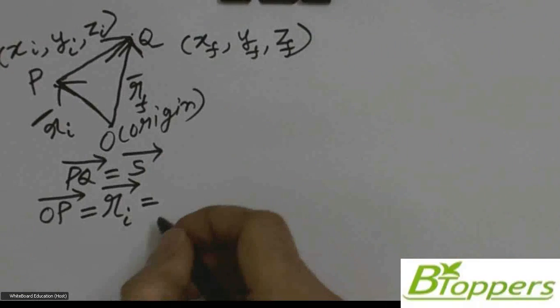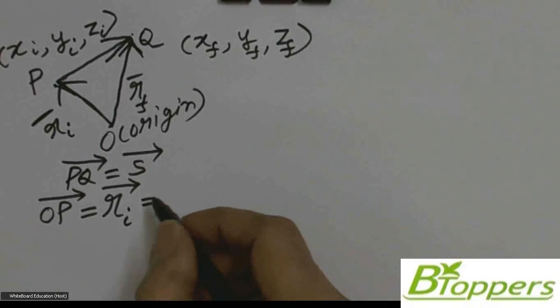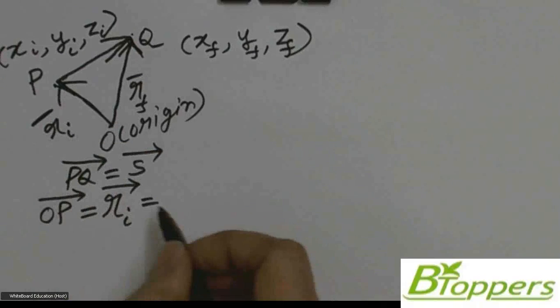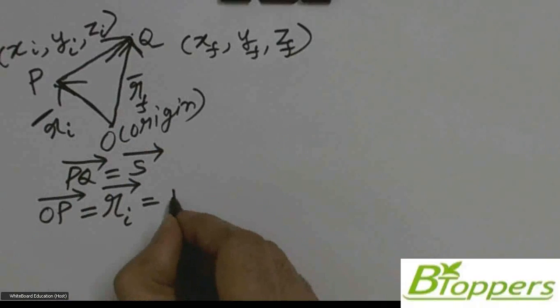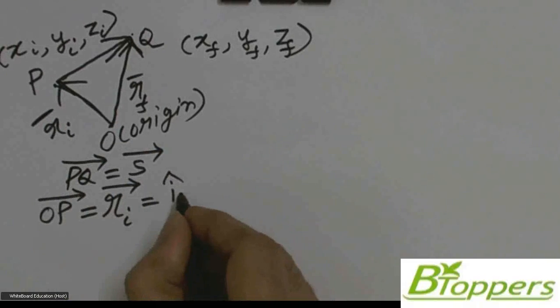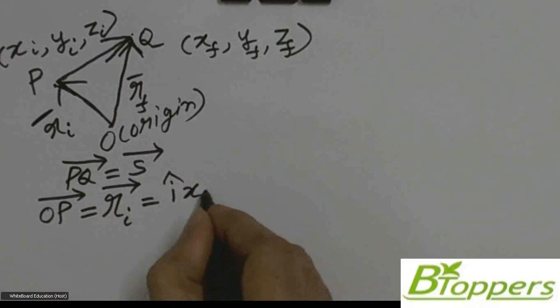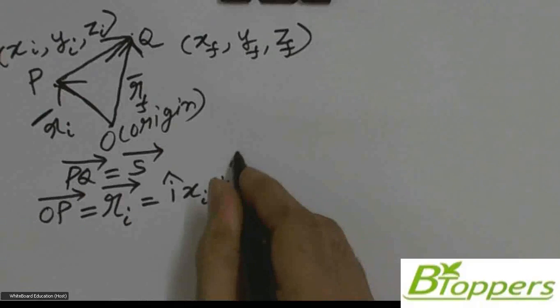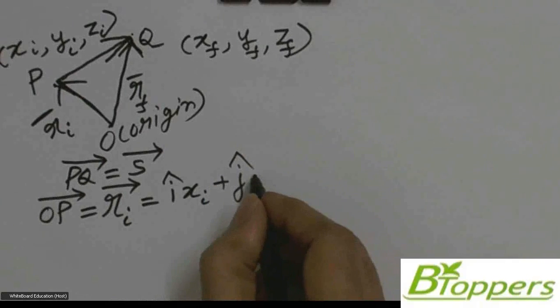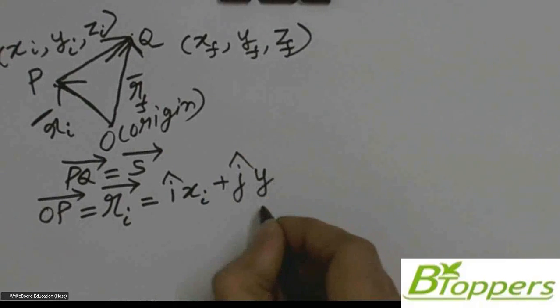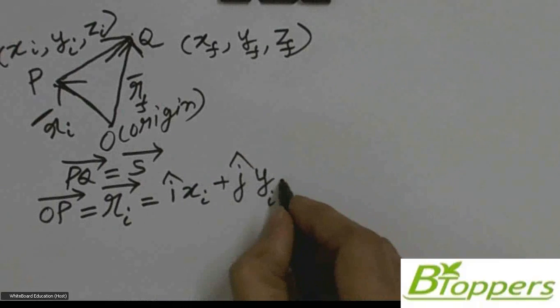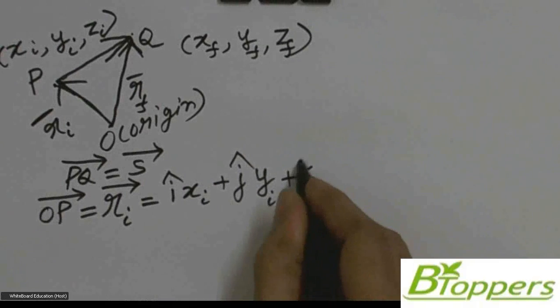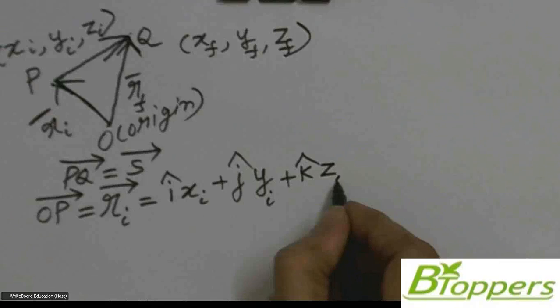So now the position vector of the initial position of the particle can be written as i cap into xi plus j cap into yi plus k cap into zi.